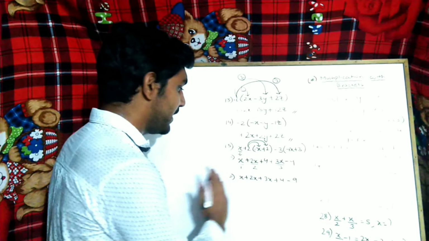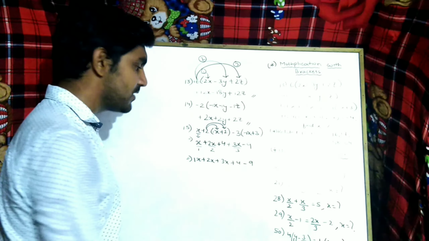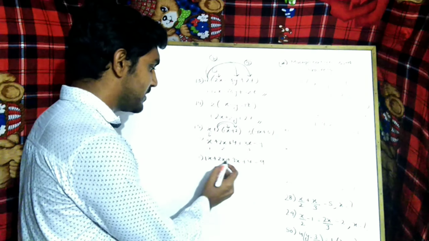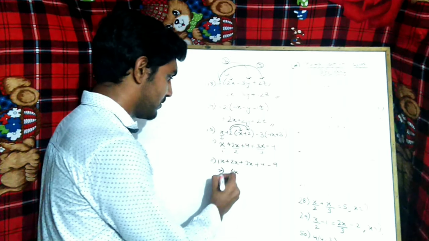Now 1x plus 2x is 3x, 3x plus 3x becomes 6x. Plus minus will be minus, so 9 minus 4, 5. Which sign is greater? The minus sign is greater, so minus will come. Clear? I hope you understood this problem.